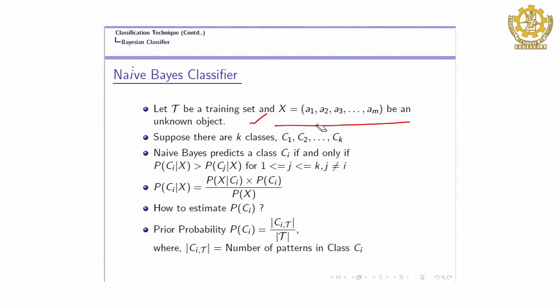Now, instead of a 2 class problem, consider there are k classes, from C1 to Ck. Now, you apply naive Bayes, which predicts a class Ci if and only if this is satisfied.